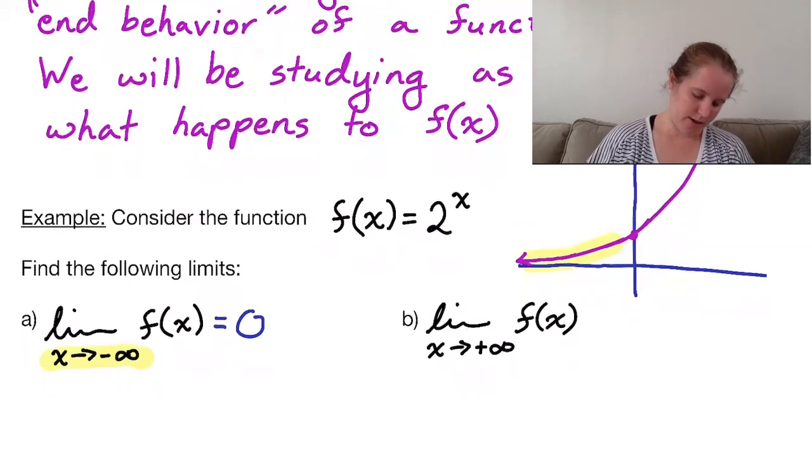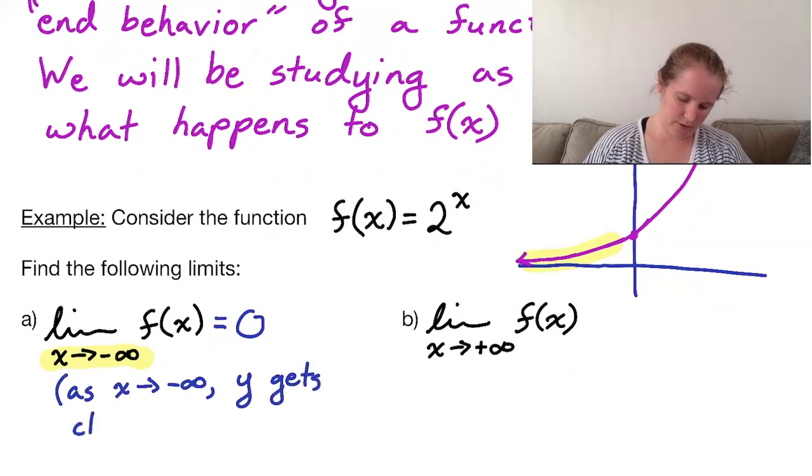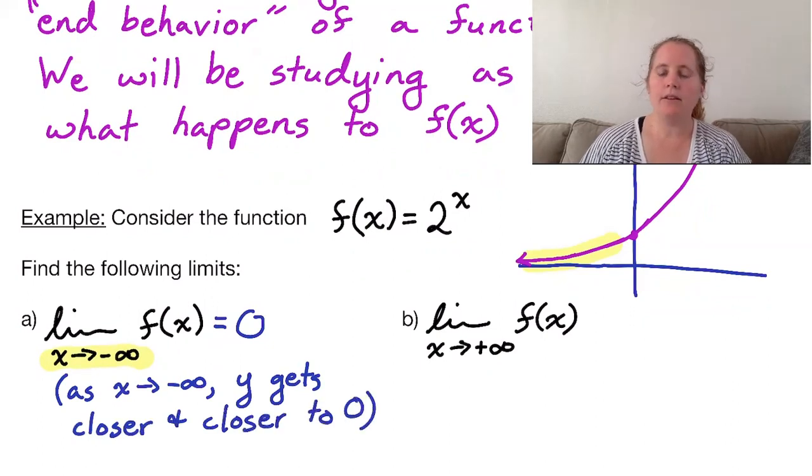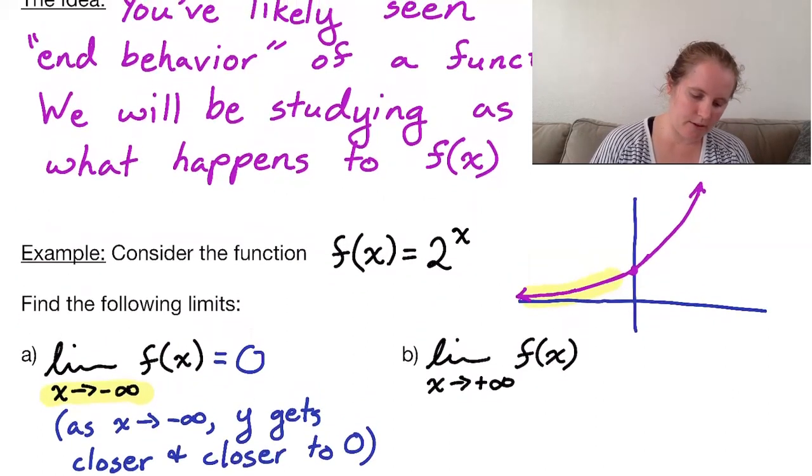Right? So again, what we have is as x goes towards negative infinity, the y value gets closer and closer to 0.